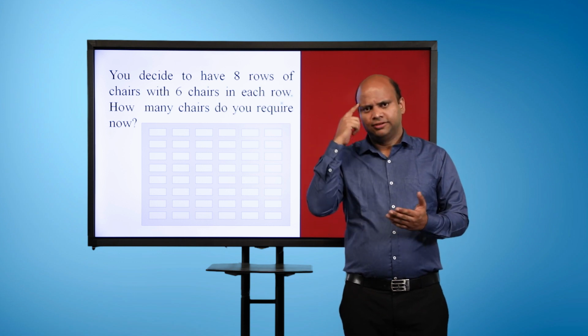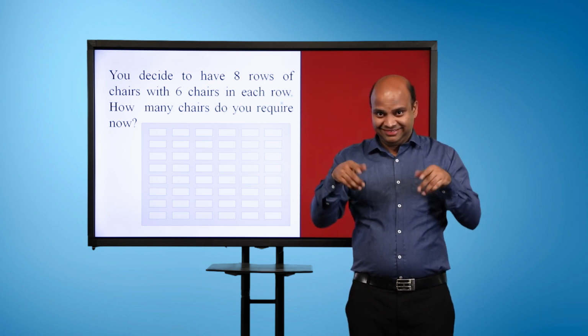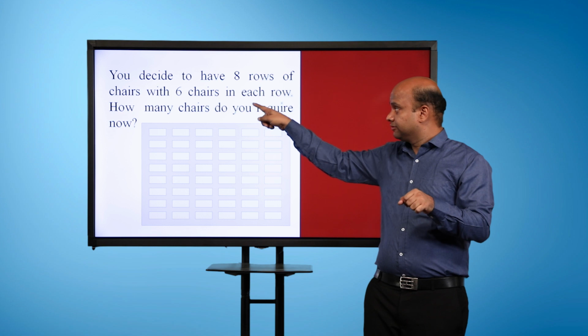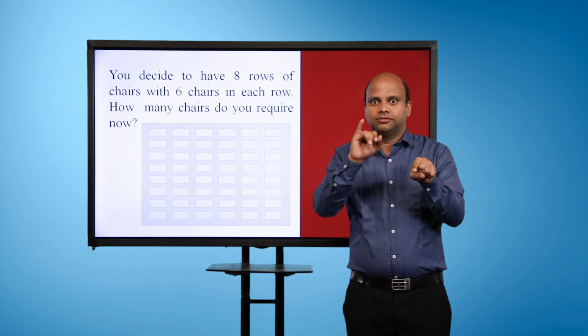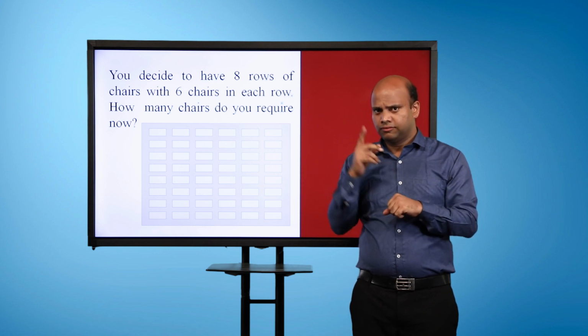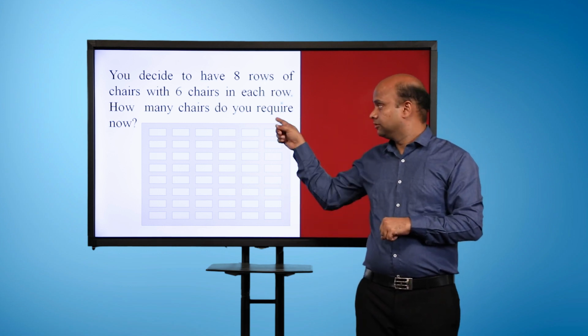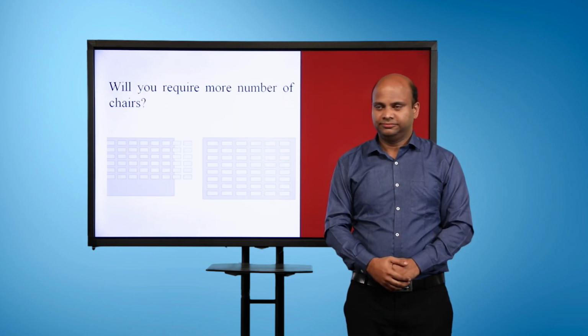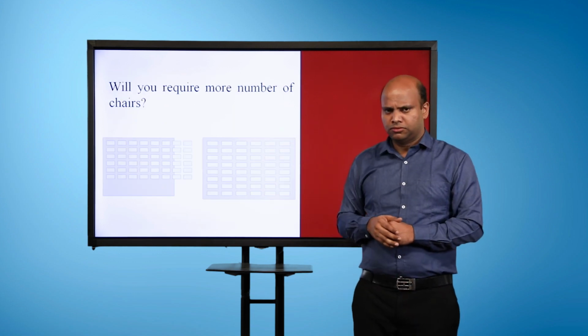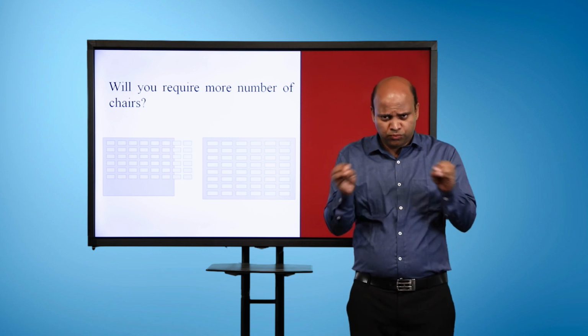You decide to have 8 rows of chairs with 6 chairs in each row. How many chairs do you require now? Will you require more number of chairs?